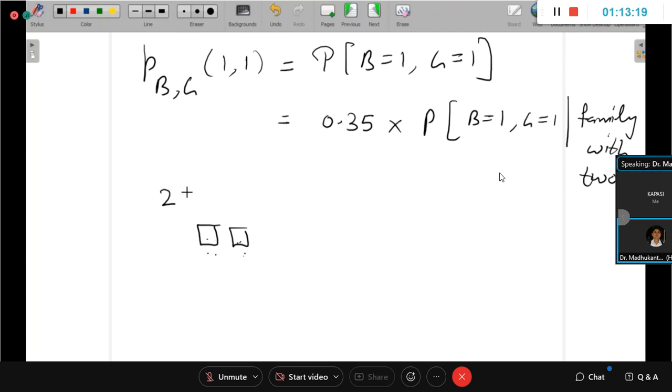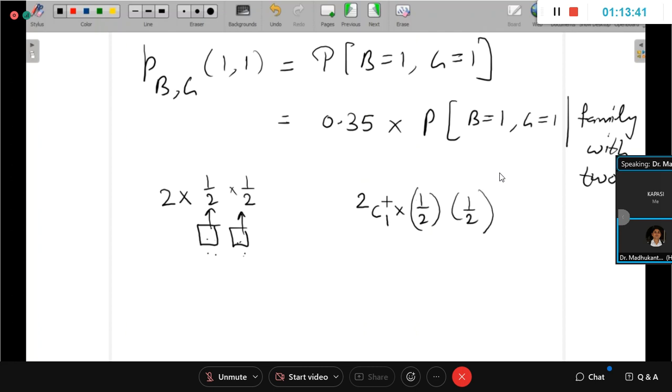So 2 into the probability of being a boy, 1 by 2, and the probability of being a girl, 1 by 2. Instead of this, I may also write 2 choose 1 into 1 by 2 into 1 by 2.